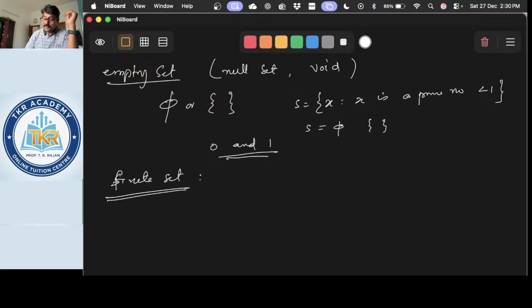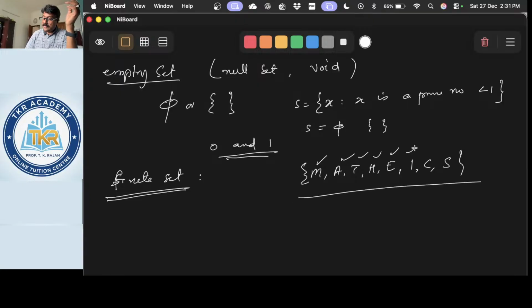For example, take the set of all letters in the word mathematics: M, A, T, H, E, I, C, S. It is a finite set because there are 8 elements only in this set. So, a fixed number of elements.